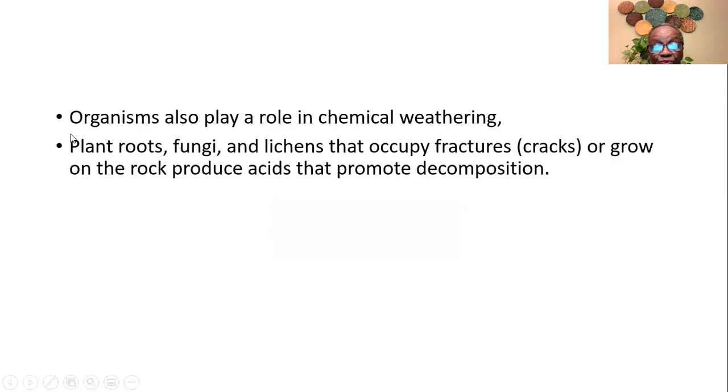So plant roots can cause root pry, which is an example of mechanical weathering. But at the same time, they're producing weak acids that promote decomposition, breaking down the minerals chemically, and therefore they produce chemical weathering too.